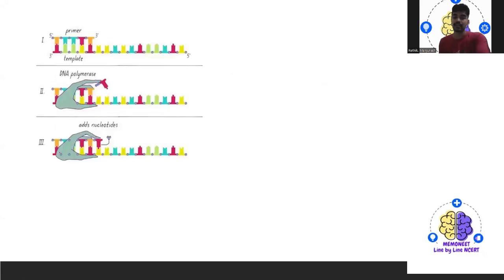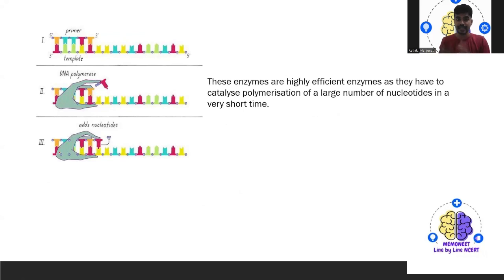As you can see in this figure, these enzymes are highly effective. The DNA polymerase you are seeing is a highly effective enzyme, as it catalyzes the polymerization of a large number of nucleotides in a very short period of time. Say if this is a single-stranded DNA, what you have to do is synthesize another strand, a complementary strand to these nucleotides.